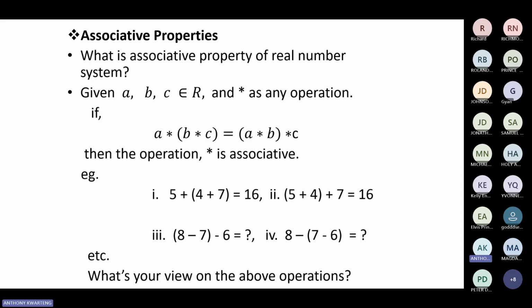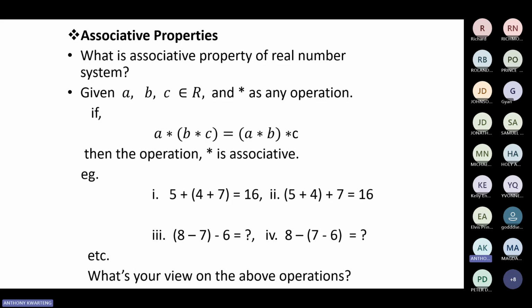So you can see that even though we interchange the position of the brackets, we still have the same answer. Therefore, we say the operation plus, or addition, is associative. Is that point okay? Yes, sir.